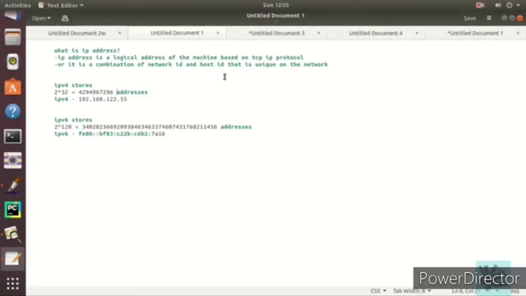But what happens when those 4.29 billion addresses are full? Then it starts to repeat the IPs, and that's where the problem starts, and that's why we need IPv6, which is a 128-bit IP that stores way more than IPv4. This is the number of IP addresses IPv6 can store.